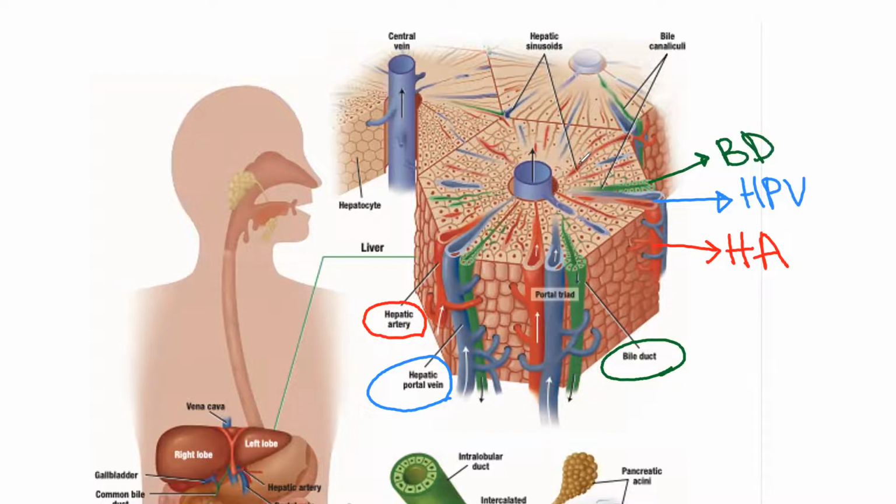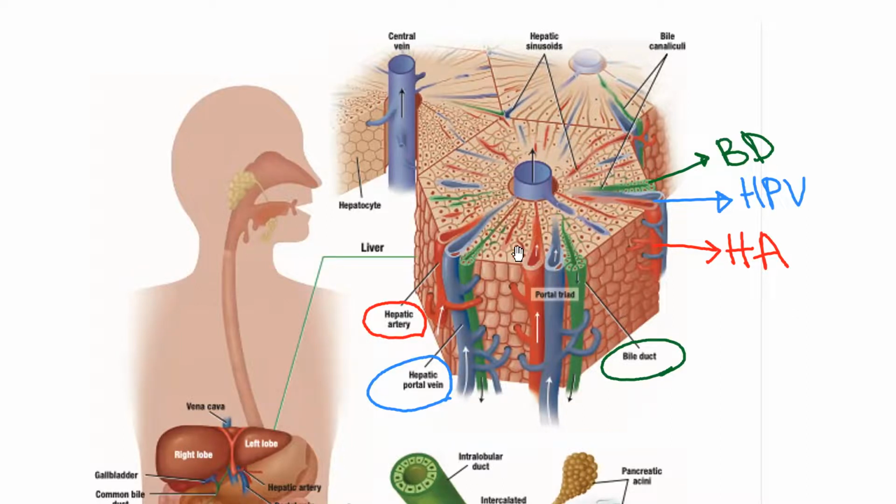So in each corner of the hexagon, we have a portal triad or portal area. Each portal area has a branch of the hepatic artery, a branch of the hepatic portal vein, and a branch of the bile duct. Around the central vein, you can see the cells in parallel organization.